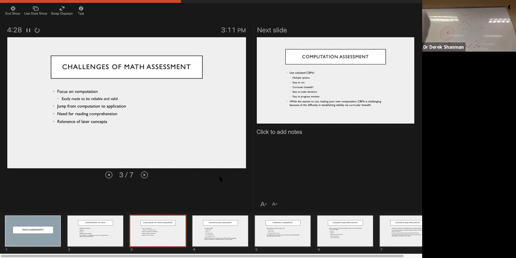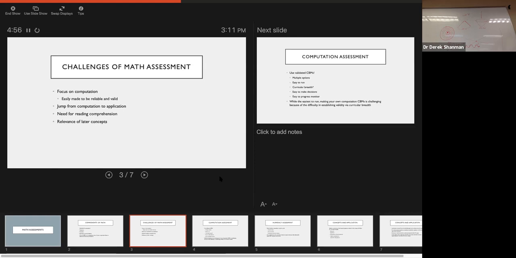So first of all, let's start with what challenges we do face when it comes to math assessment. The first challenge, and this is probably going to be looked at by most people not as a challenge, but a benefit, is that there is this massive focus on computation when it comes to assessment.